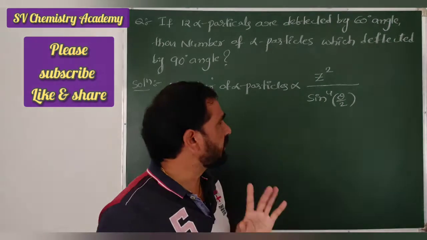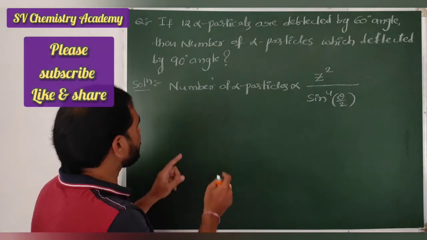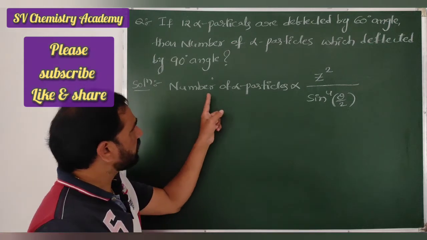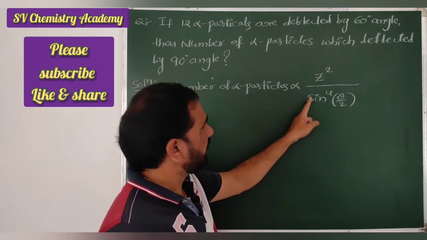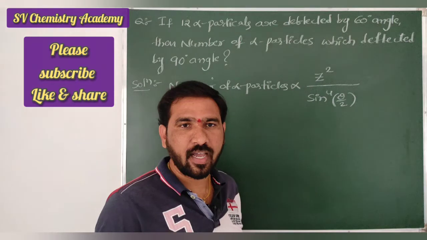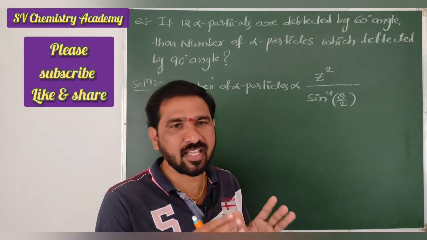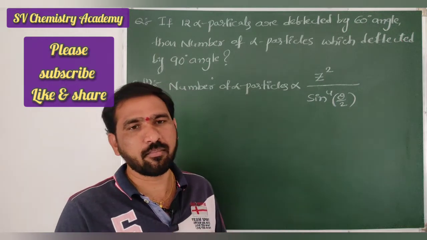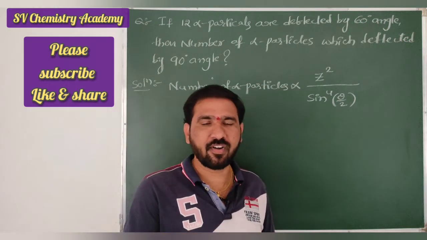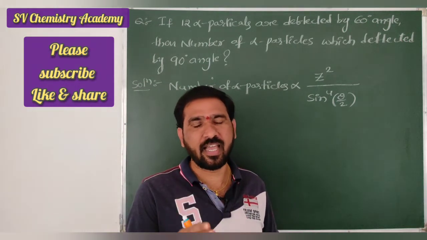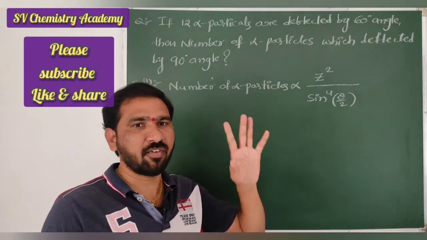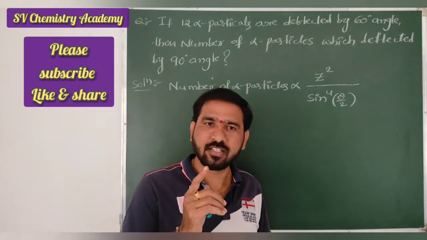Is it clear? Therefore, the relation between the number of alpha particles and theta, the angle of deflection, is inversely proportional to sine power 4 theta by 2. So based on that relationship, we can get the number of alpha particles deflected by 90 degrees from the 12 alpha particles deflected by 60 degrees.